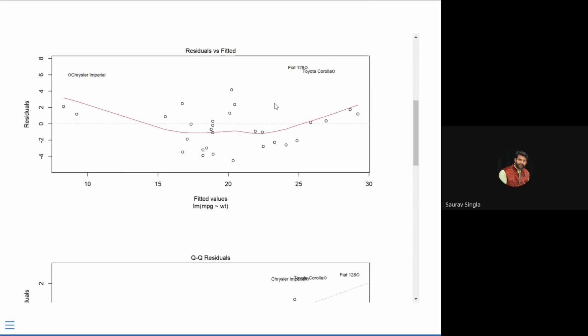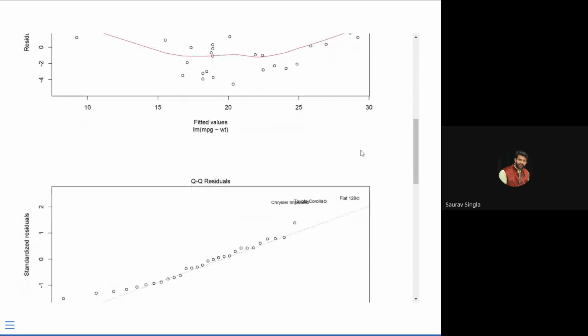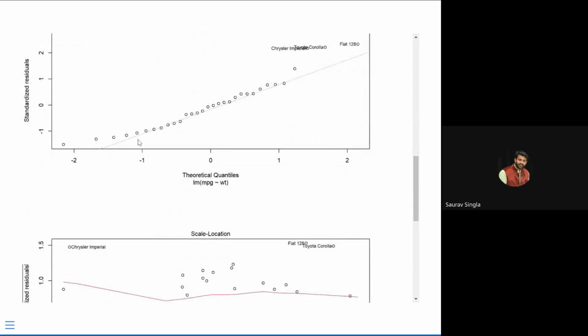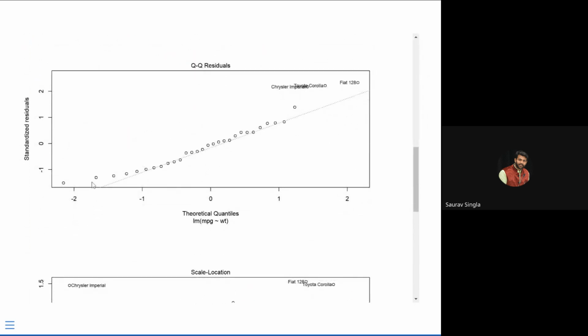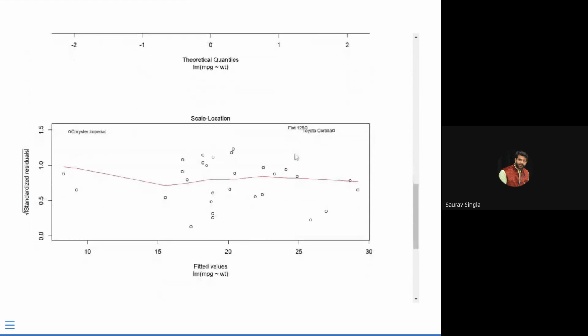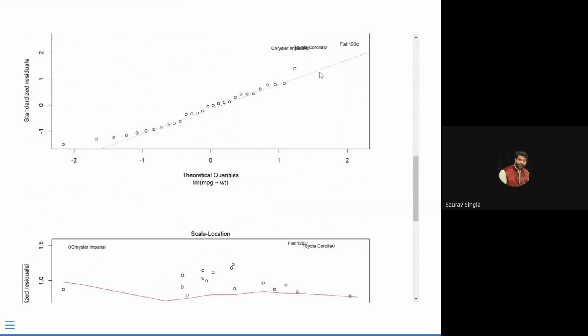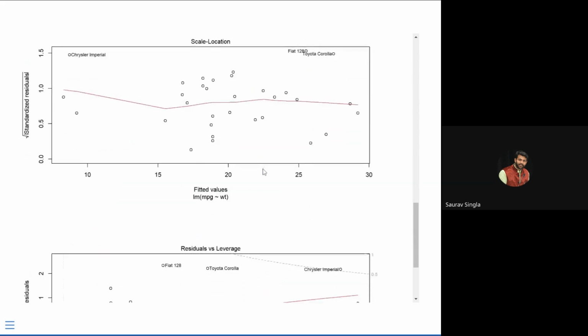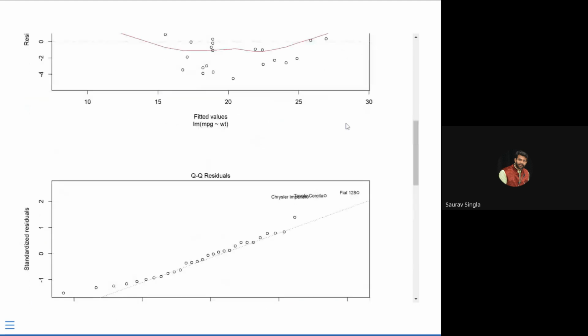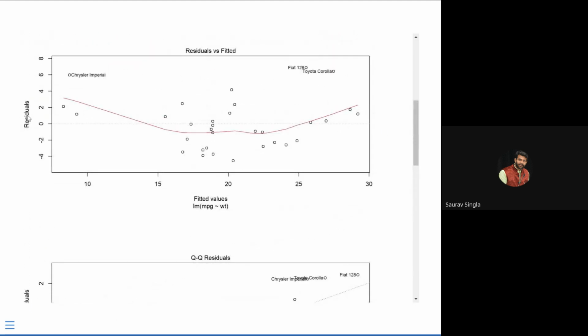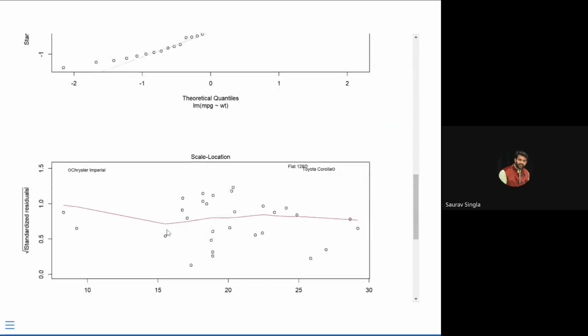If a regular pattern is visible, there's a problem with this plot. If these dots are very close to the line, it is okay. Residual against fitted values is almost the same plot as before, just this is residuals and this is the standardized residuals.